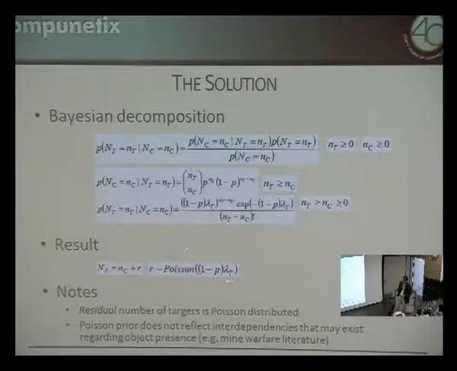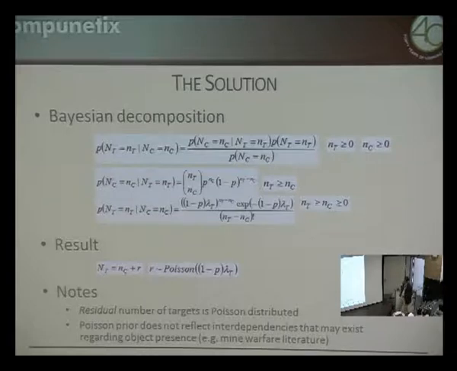This turns out to be very closely related to what Roy was talking about earlier when he was talking about 100 coin flips. Here it's a Poisson number of coin flips, not deterministically 100 but some unknown number, where the heads are the detections and the tails are the undetected objects.